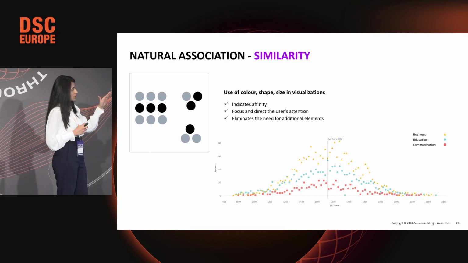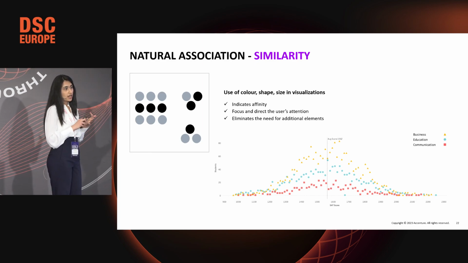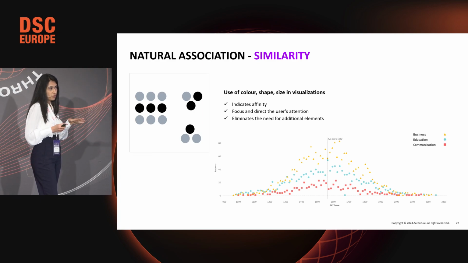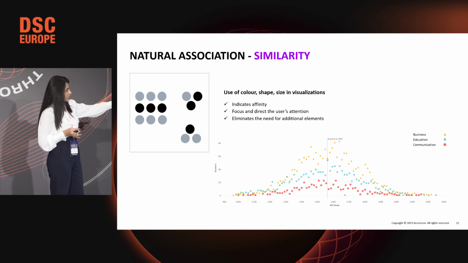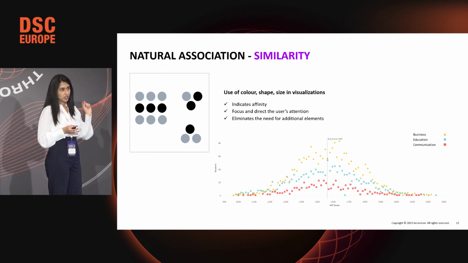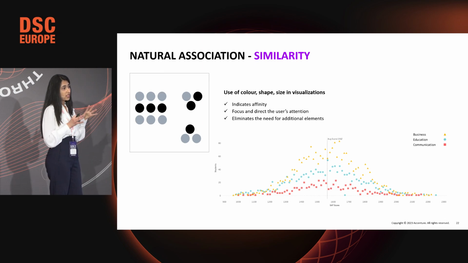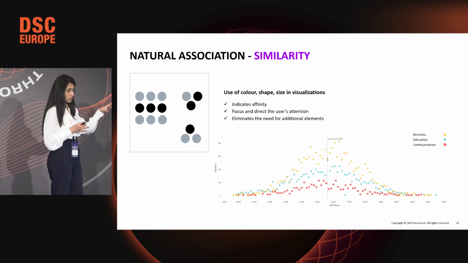If I did not use any color or shape, you would have seen only 3 types of groups differentiating the different colleges. But at the end, in the square group of communication, there is one circle which denotes the education one. Because of this shape, you know that it does not belong to the College of Communication, but it belongs to the College of Education.